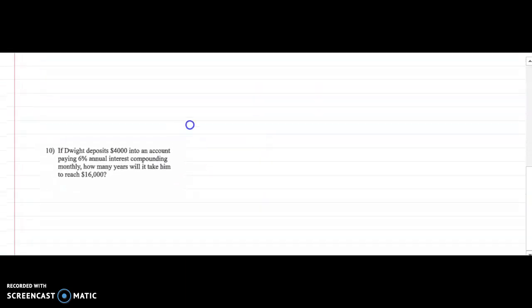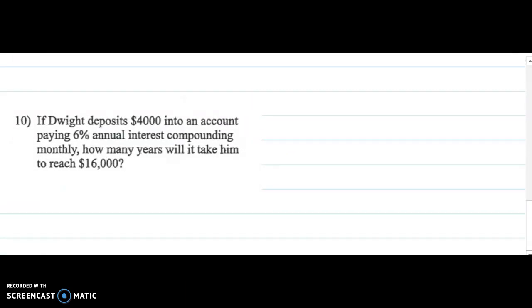Okay, second example. If Dwight deposits $4,000 into an account paying 6% annual interest, compounding monthly, how many years will it take him to reach $16,000? Okay, so the keyword here is we're talking about an account and we're compounding monthly, so I know we're going to use compound. Then we take our formula and plug in all of our information. We're trying to find years, so that's what we want to solve for, our time.